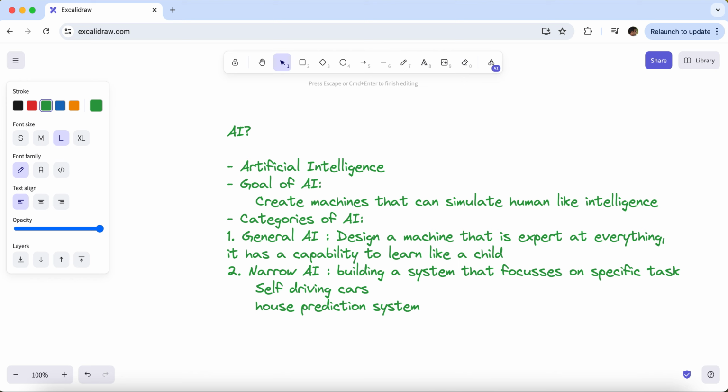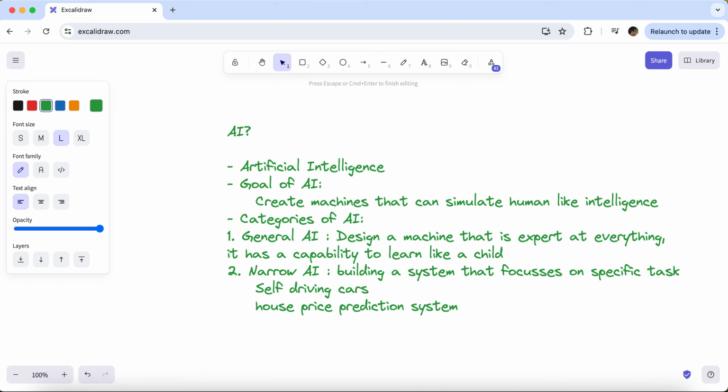It considers hundreds of factors, and based on those factors it has a capability to predict the price of your house. So this is where narrow AI comes into the picture: it is a system that focuses on one specific task, right?